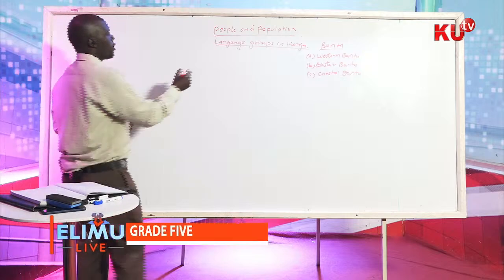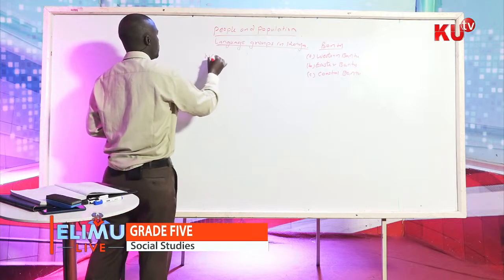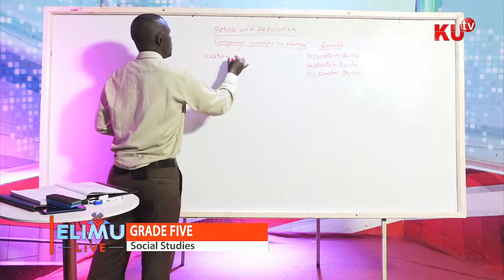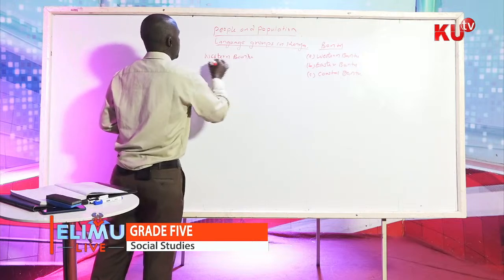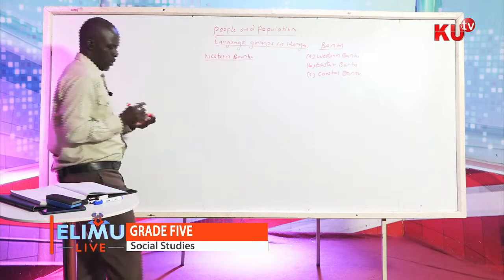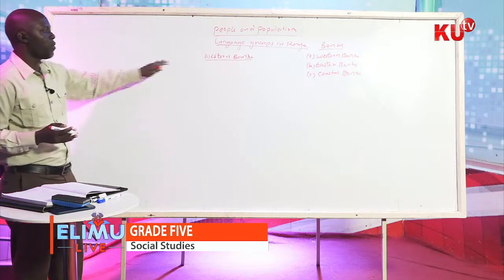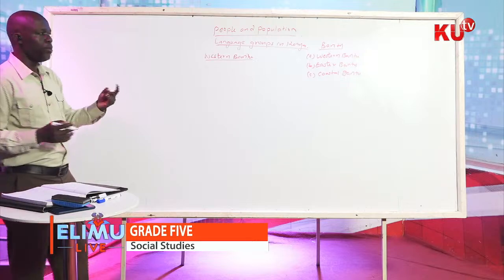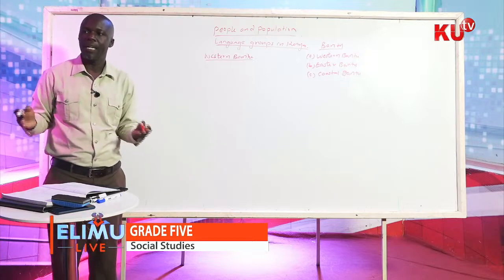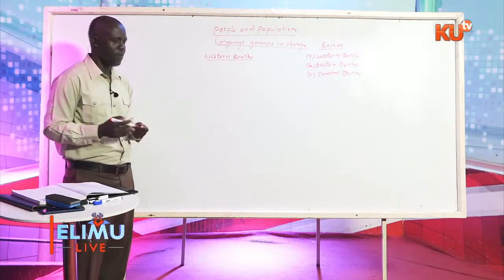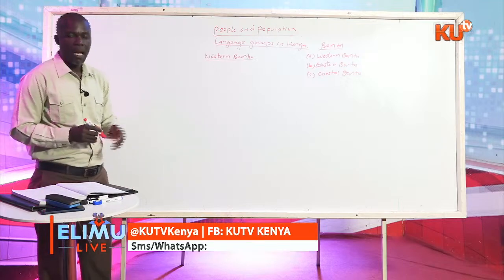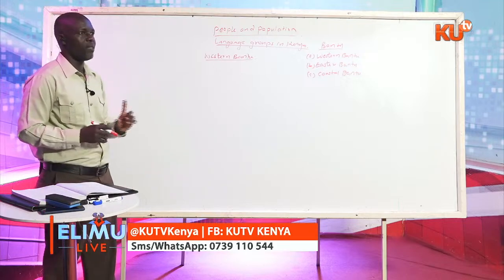For example, when you talk about Western Bantus, the learners should be in a position of knowing which groups fall under the Western Bantus. First of all, where do they live currently? If you want to see the Western Bantu, where can you find them? And which communities make up the Western Bantu?